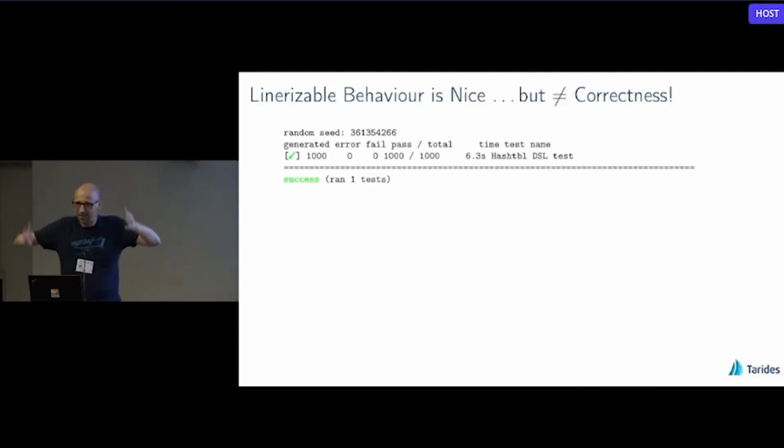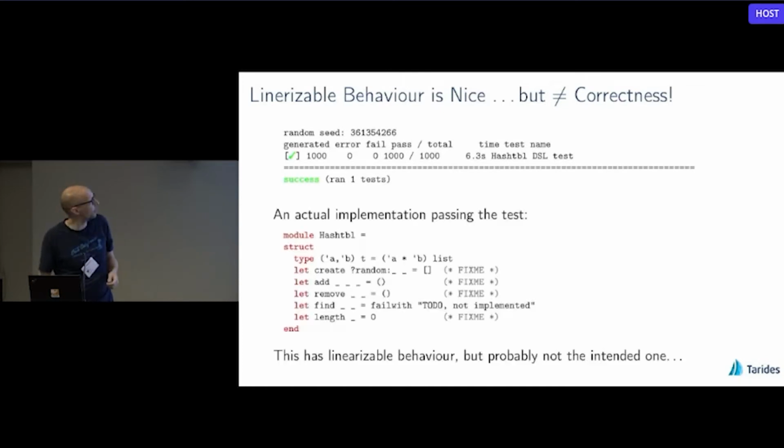It tests that the things we try out in parallel have some linearizable explanation, but of course that's not the same as being correct. So for your pleasure, I've cooked up an example satisfying that, which I think you would agree is probably not the implementation that you would want.